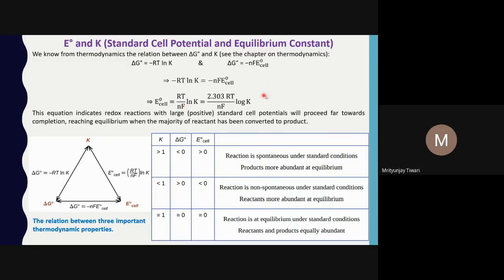Here F, the Faraday's constant, is already high, 96500. N is not going to be less than 1, it will be 1, 2 or more, and R is simply 8.314. So NF by RT is a certain positive number. If E naught cell is higher, then log K will be too high, or K will be very high.